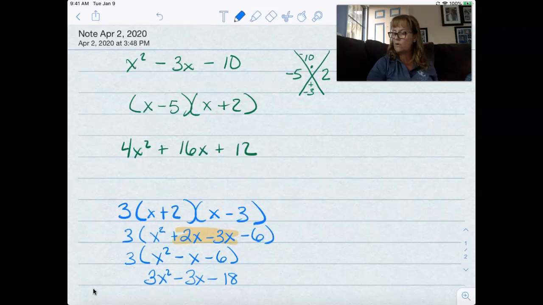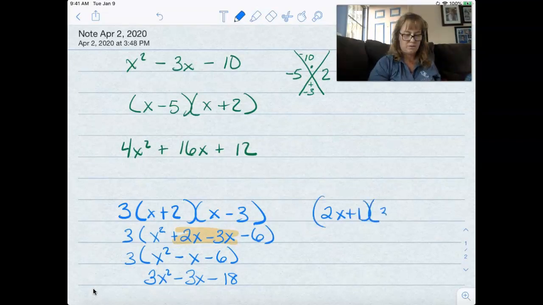Okay, so this is going forward. Let me show you another example of a multiplication of binomials that would get us to a polynomial that has a coefficient on that x squared. Something like this. How about 2x plus 1 times 3x minus 2?